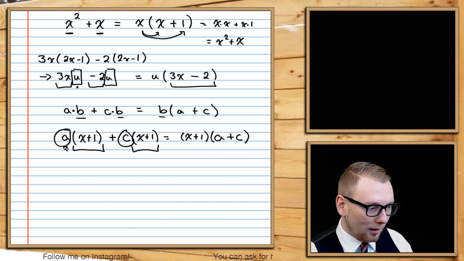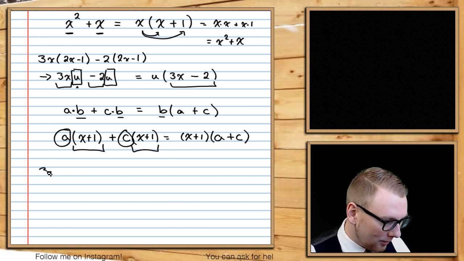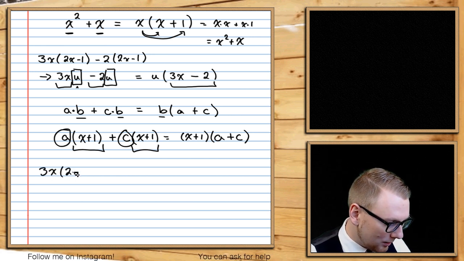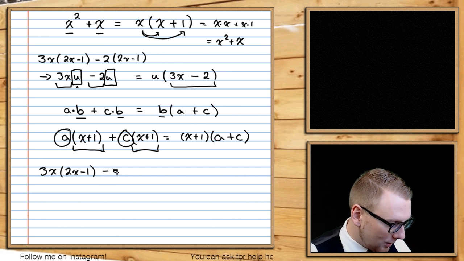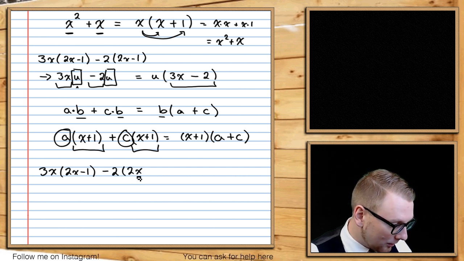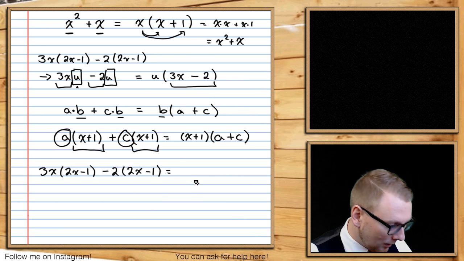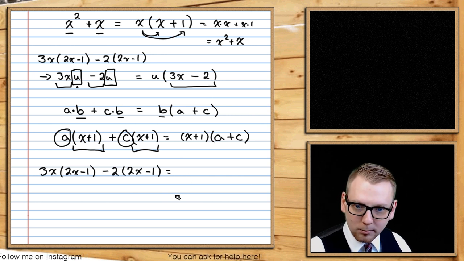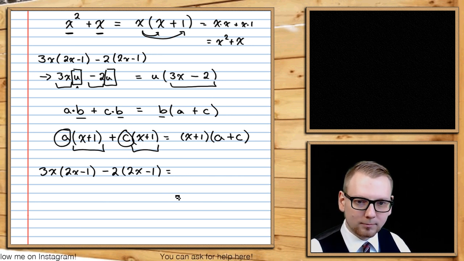Okay, in our question, we have 3x times 2x minus 1 minus 2 times 2x minus 1. Okay, now what's similar in both terms?